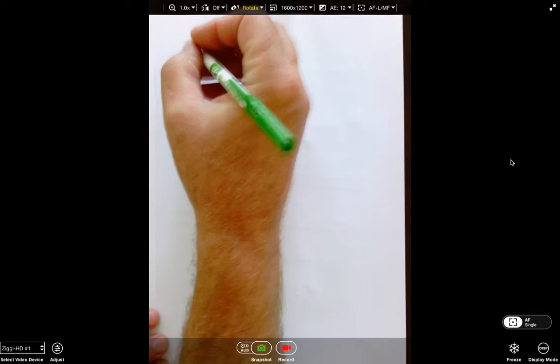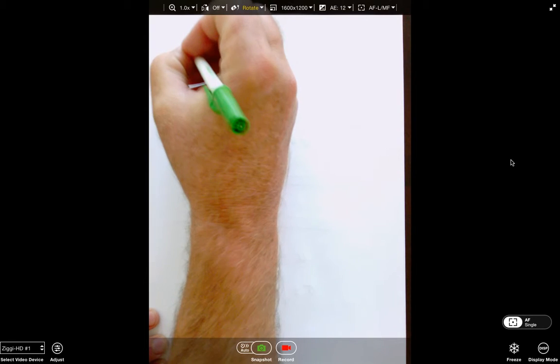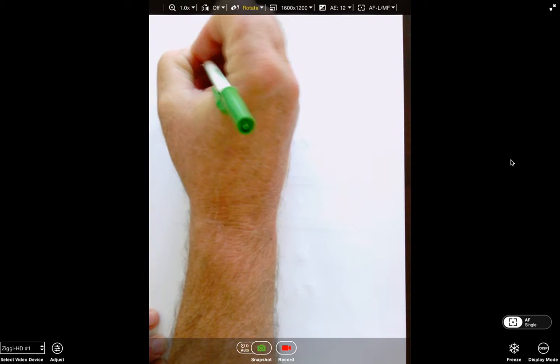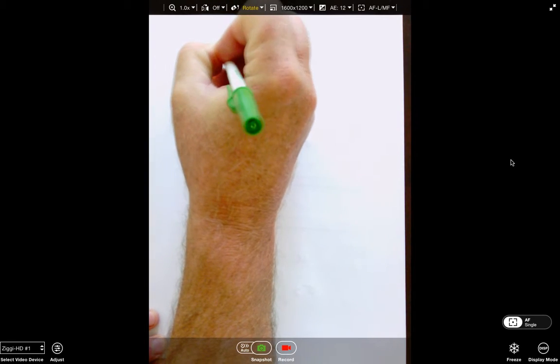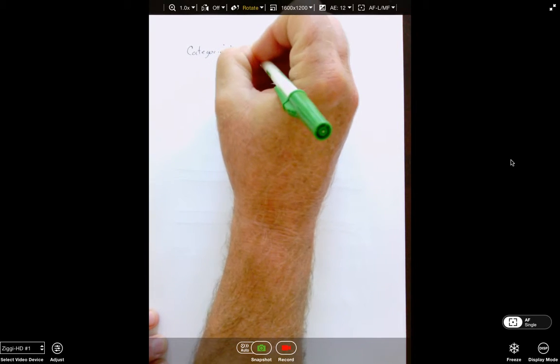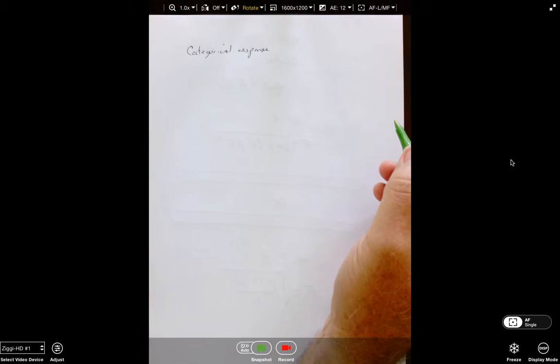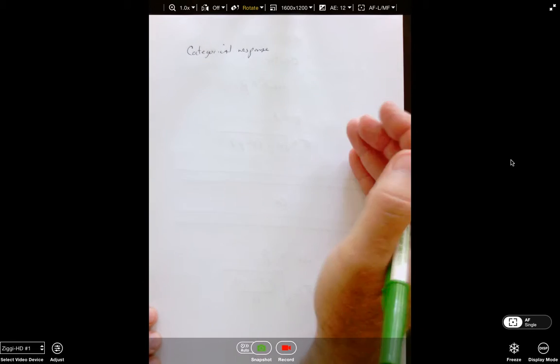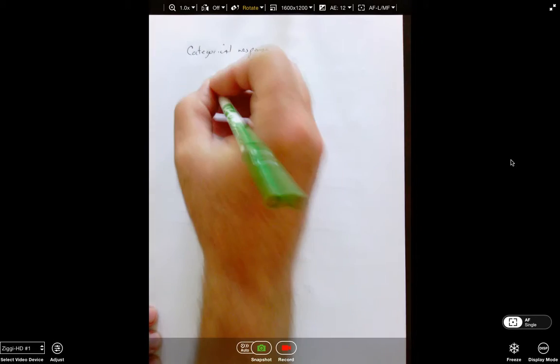Now, the first thing we run into is when we take a categorical response. And here we're looking at a binomial response. So it's one of two things: true or false, success, failure, this or that.